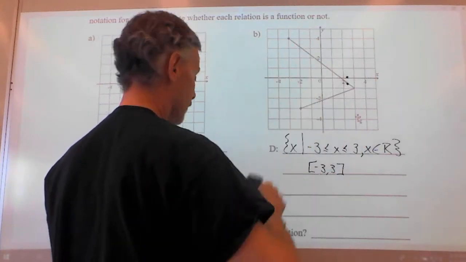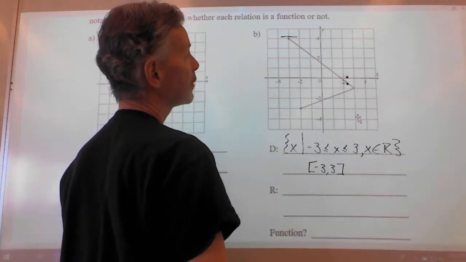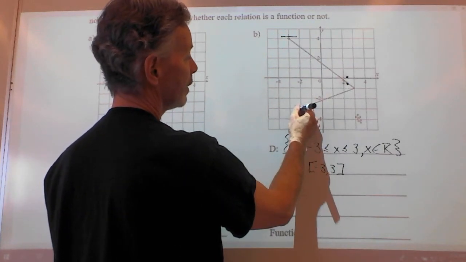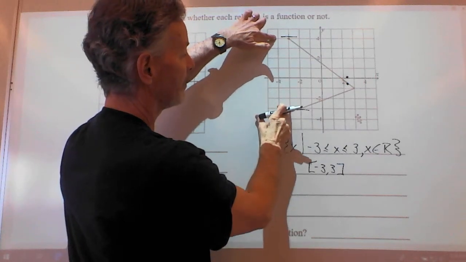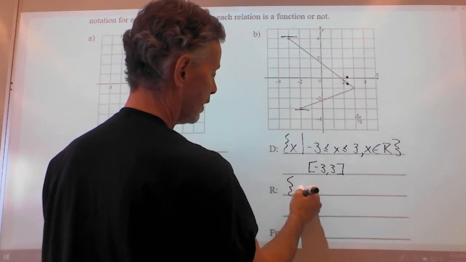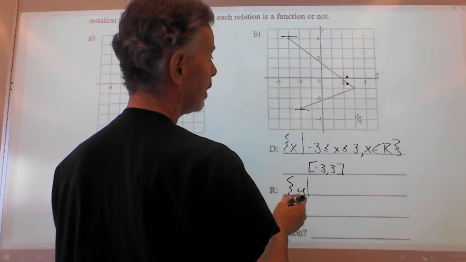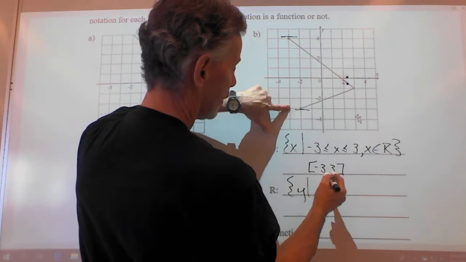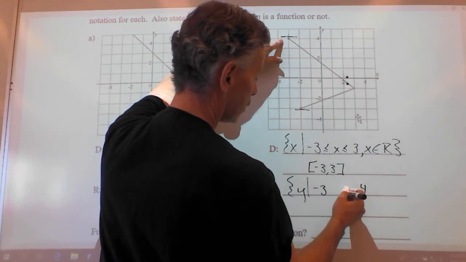For the range, rather than looking left and right, we look up and down. So there's the highest, there's the lowest. So our range is between +4 and -3. And again, this time we use a Y for the range, such that it's between a low of -3 and a high of +4.